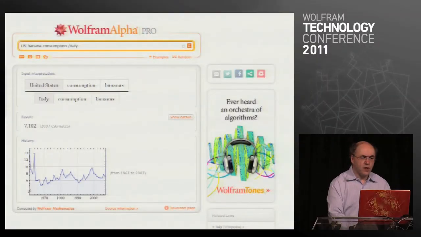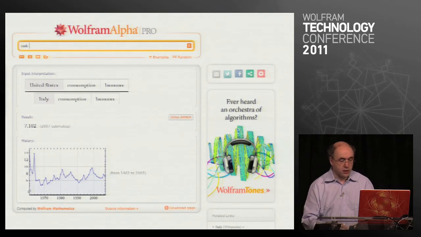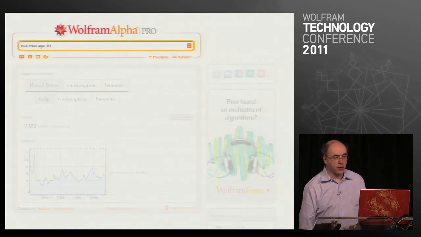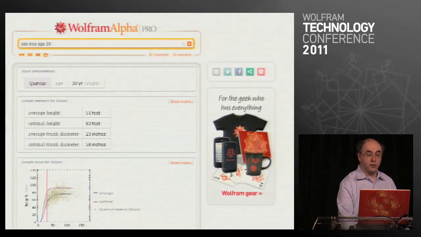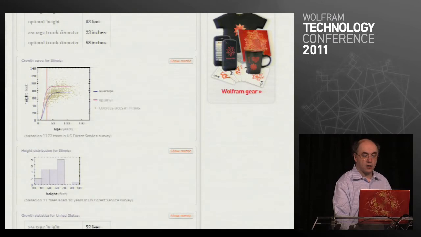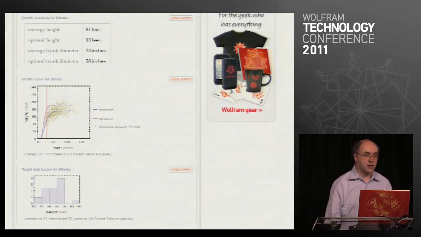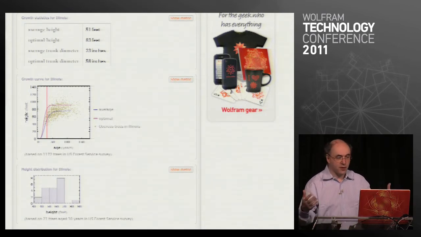So the thing that's kind of surprised me in the development of Wolfram Alpha is how much stuff out there in the world is actually computable. Let's say you have an oak tree in your backyard and it's 30 years old. You can compute. We've got some folks from the US Forest Service who were kind enough to give us a database of 1 million trees.